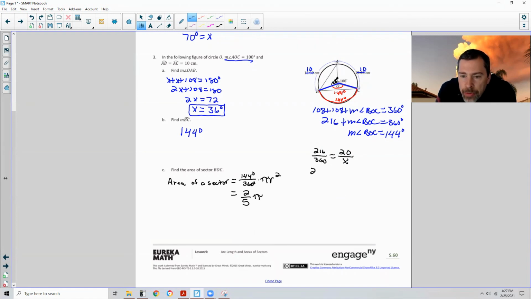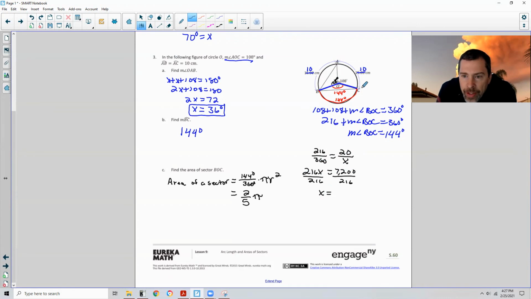So I cross multiplied and I got 216x equals 7,200. Cross multiplying, 216 times x is 216x. This times this equals this times this. And then finally, I divide both sides by 216, and that gave me x.